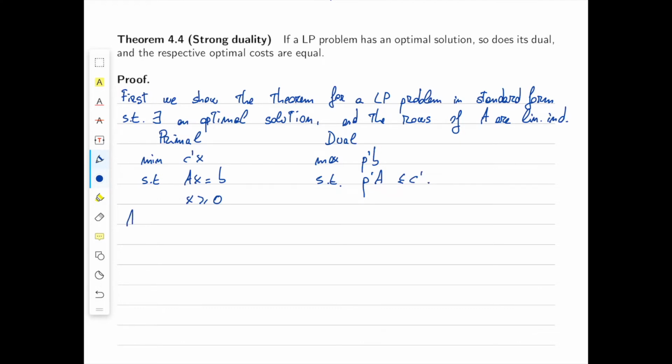Next, we apply the simplex method with the pivoting rule that avoids cycling.